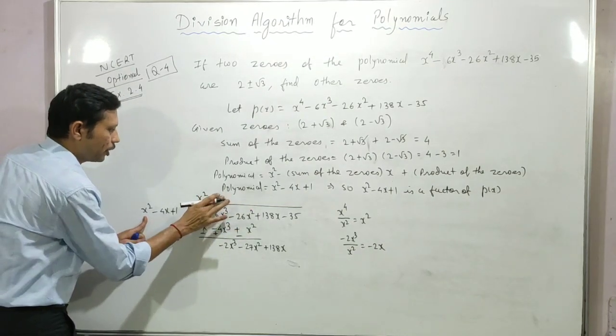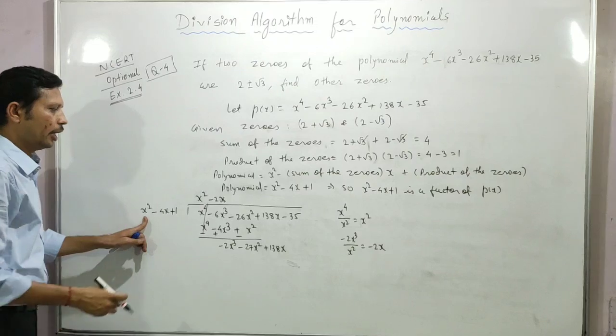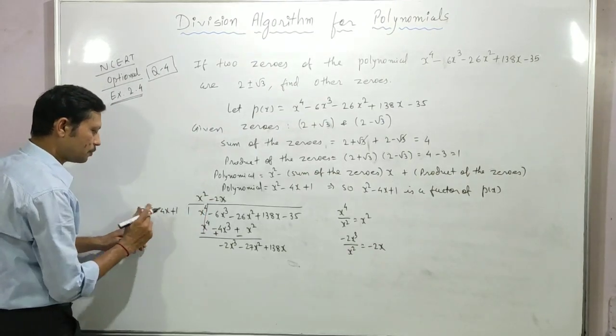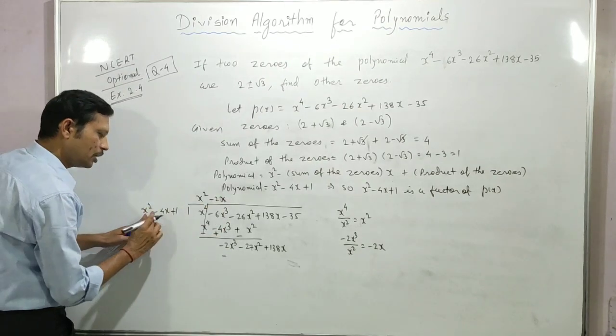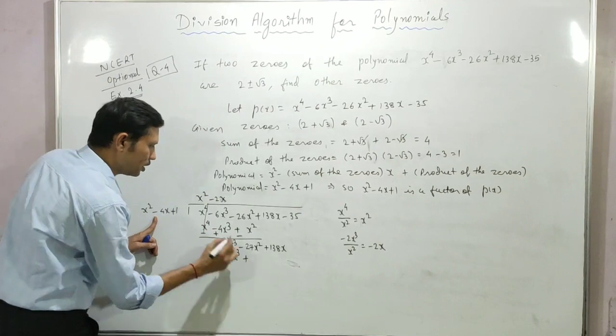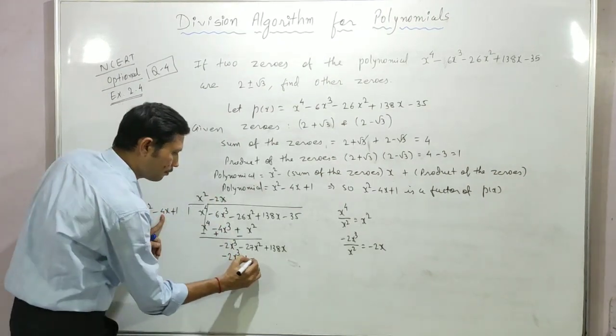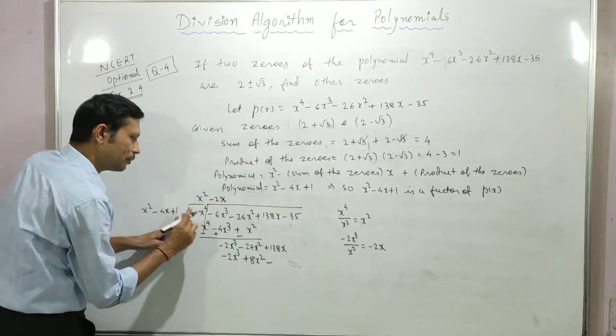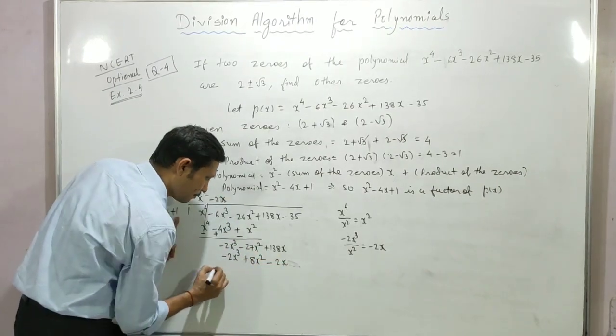So minus 2x, clear? And minus 2x multiplies with all the 3 terms and we will write it down here. So minus 2x times x square, minus 2x cube. Minus 2x times 4x, minus 8x square. Minus 2x times 1, minus 2x.